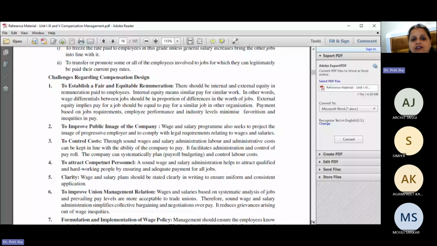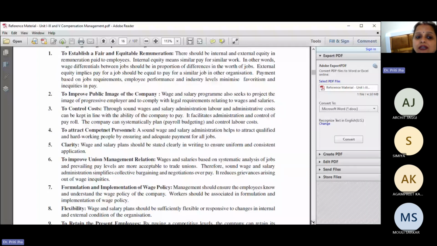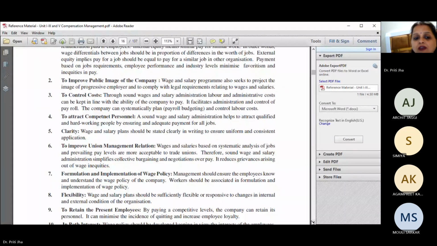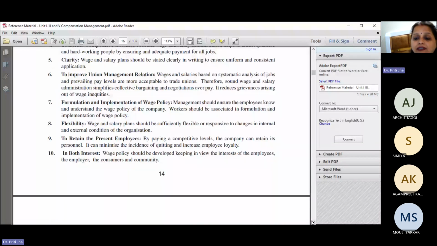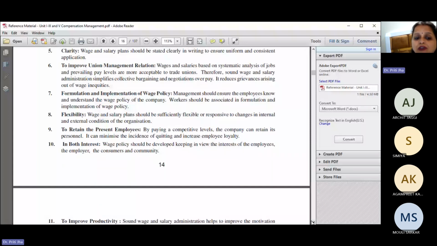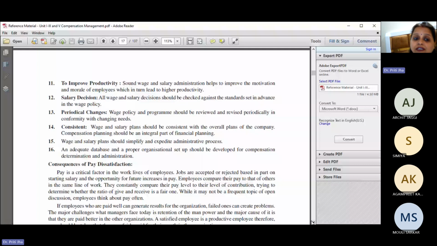There are various challenges while an organization is designing compensation management, and these are: to establish a fair and equitable remuneration, to improve the public image of the company, to control costs, to attract competent personnel, clarity, to improve union management relations, formulation and implementation of wage policy, flexibility, to retain the present employees, to improve productivity, salary decisions, periodical changes, and consistency.